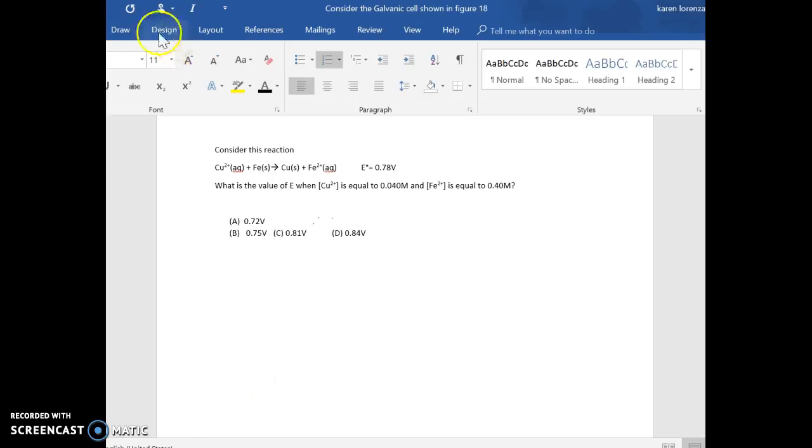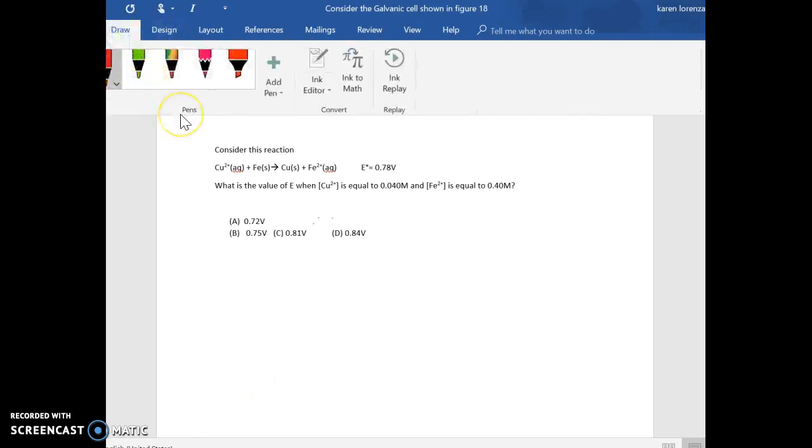Since they give us the concentration for our copper ion, I don't know if I've been calling it cobalt, but it's copper. Our concentration for copper ion and our concentration for iron ion tell us that they're not in standard concentration, which is 1 molar.